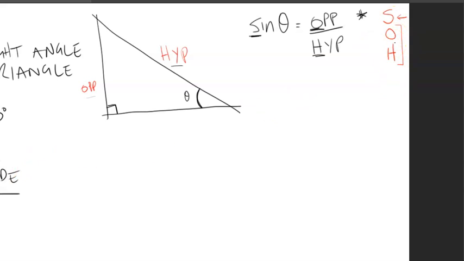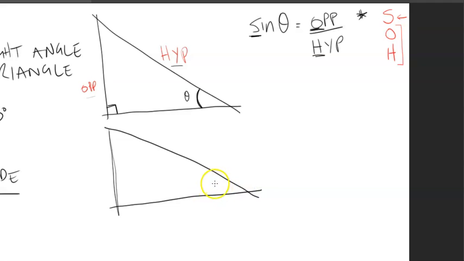Now, alternatively, still very new, keep with me. If we're given a triangle that looks like this, our angle of interest is here, and we have been given the adjacent side and the hypotenuse. So we've been given this angle, the side adjacent to it, and the hypotenuse.